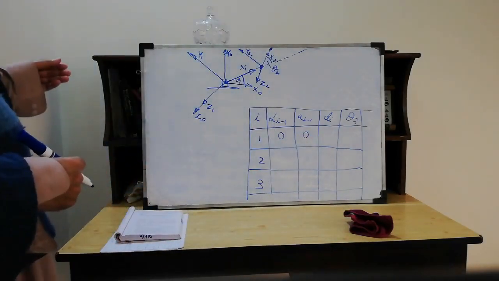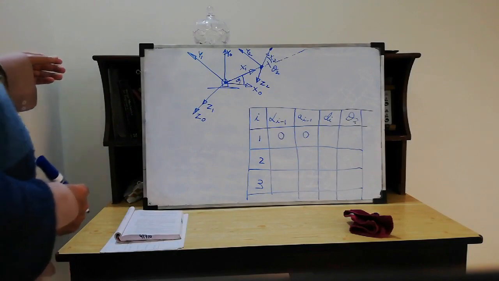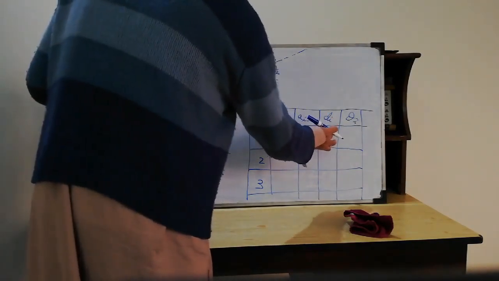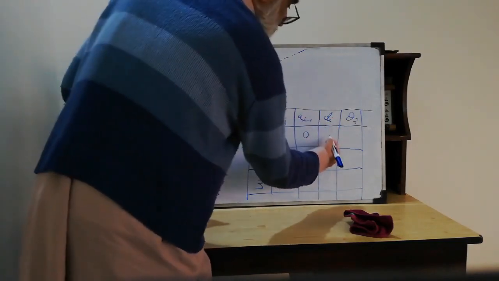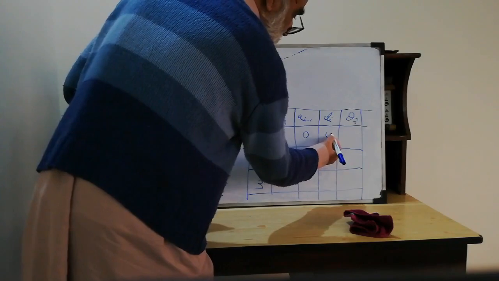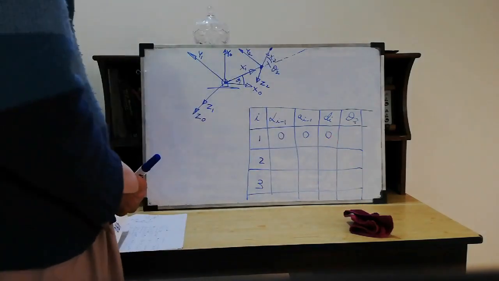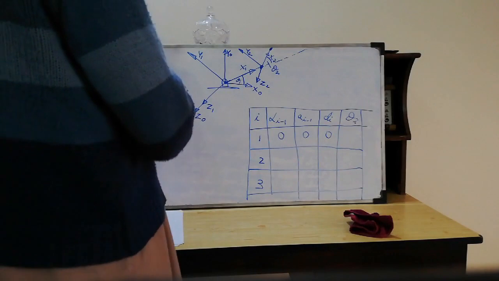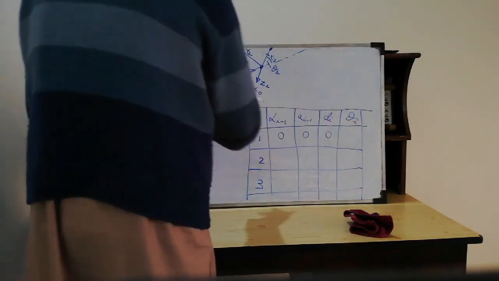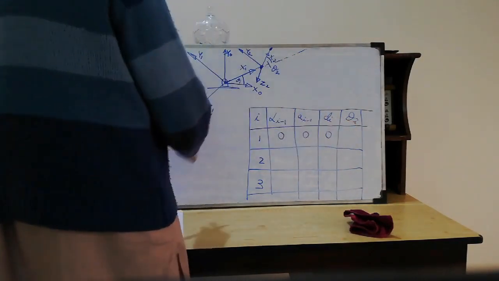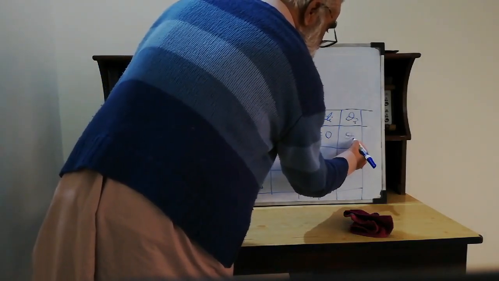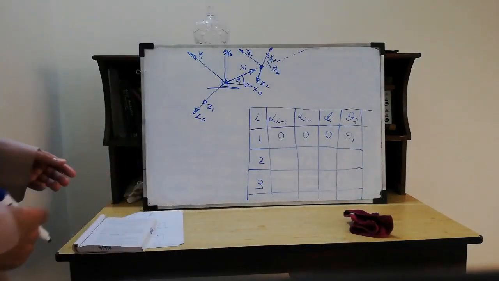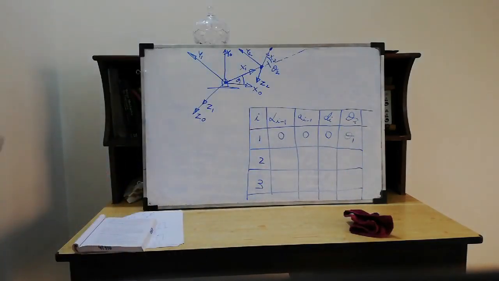Then this is the offset. Both joints lie on top of each other. Therefore, there is no offset. This is 0. And theta i is the angle between x0 and x1. So that is theta 1. I hope you understand how we got there.